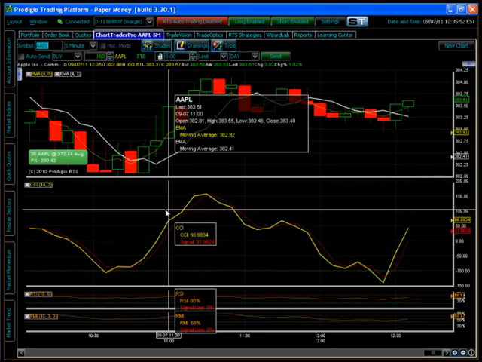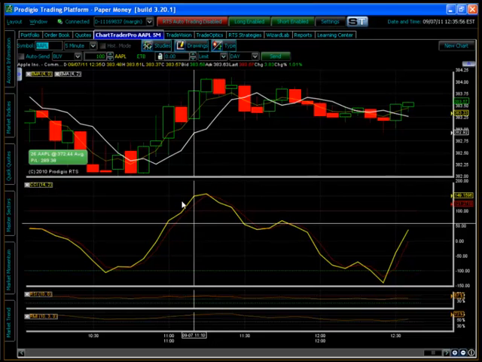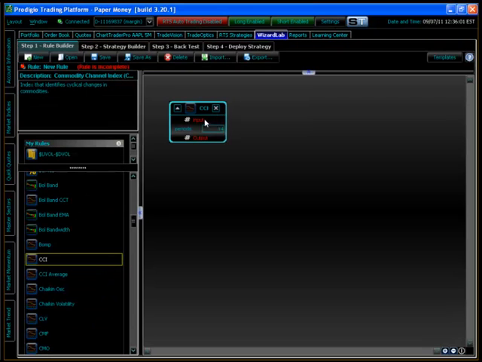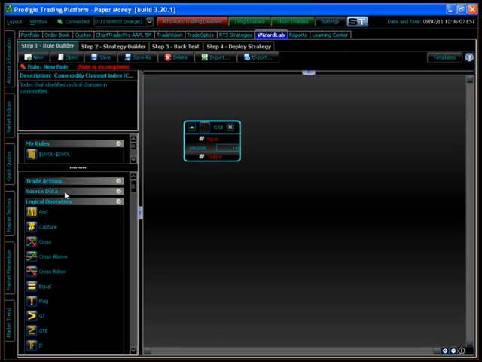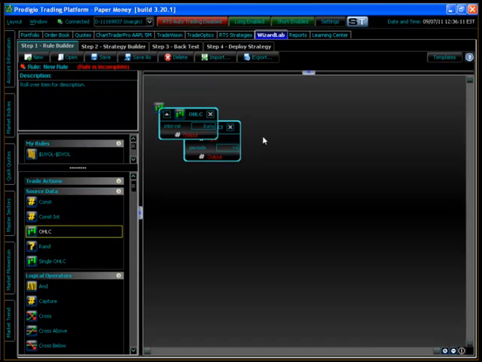We're going to build this system in Wizard Lab, but I wanted to show you that the CCI can be demonstrated by looking at the primary study. So I've got my primary study here, and that's CCI 14. The way that the rule builder works is that you're actually defining code for the system to use.